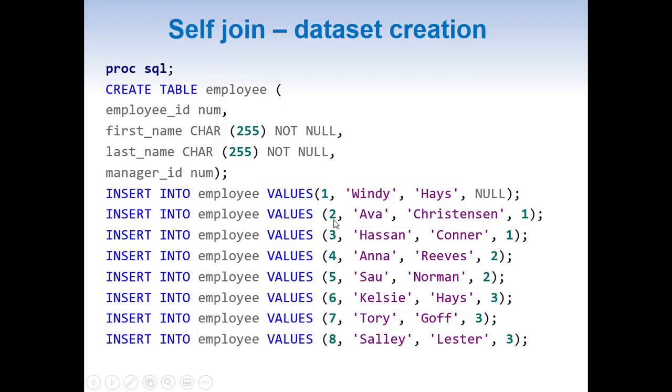That is, in my final observation, I will have Eva Christensen and then Windy Hayes as manager. I know it is not fully clear. Now let's look at this through code, and I will also show it visually so that it is clearer.